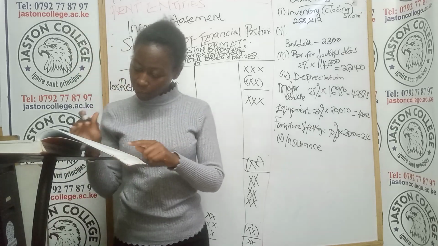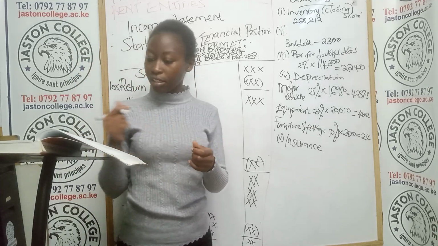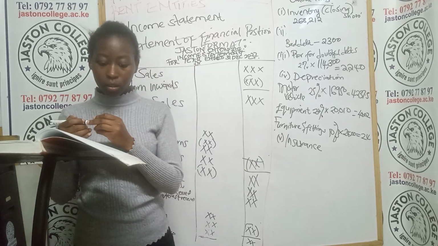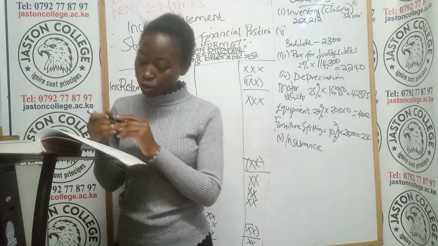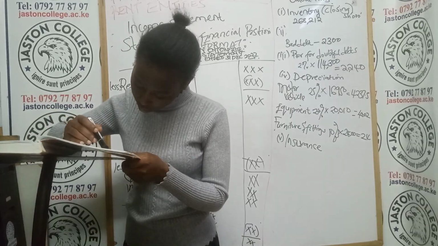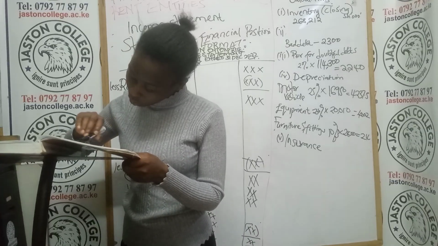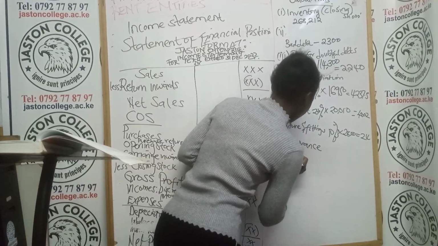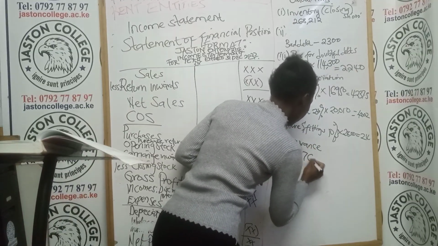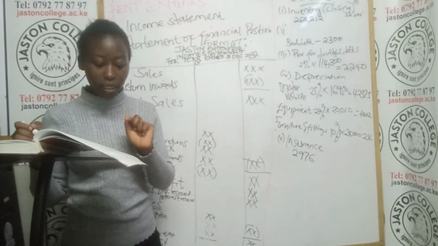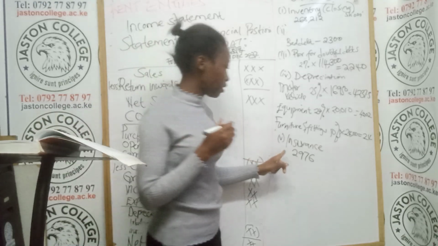So this is a prepayment of 576,000, and we take our initial insurance that we had, which is 2,976. Then we have the prepaid insurance 576.